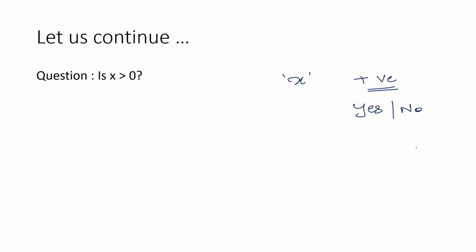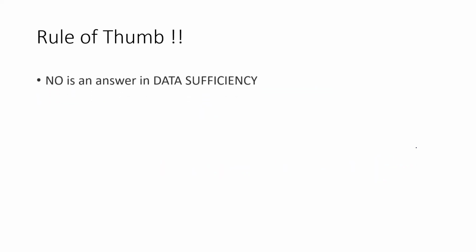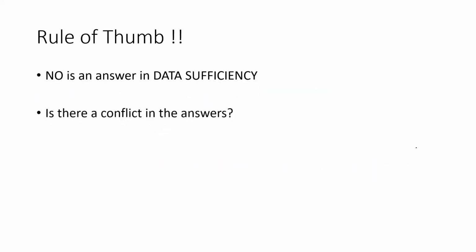But as far as this question is concerned, individual statements alone are sufficient. So no need to combine statements 1 and 2 for answering this question. All right. So no is an answer in data sufficiency. Is there a conflict in the answers? Definitely there is no conflict, because individual statements alone are sufficient enough to answer the question. All right. So with this note, the introductory part related to data sufficiency has reached a conclusion.